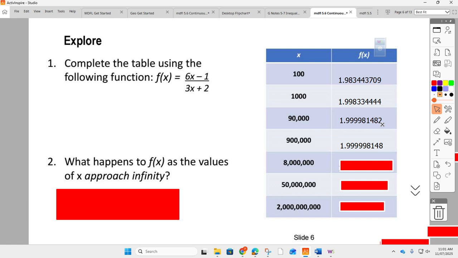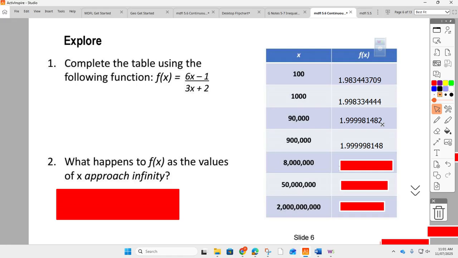So in our last example, when our x's approached infinity, so as our x's were getting bigger, our y's got bigger. And that's happening here too, but our x's seem to have no limit. Our inputs keep getting bigger and bigger. What does it look like the limit to our f of x is going to be? It's approaching 2, but we haven't gotten to 2 yet, right? So that's the question. Are we going to get to 2?